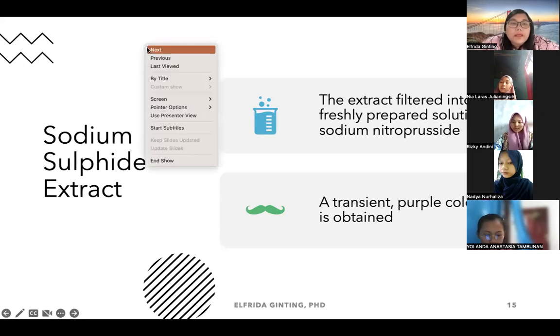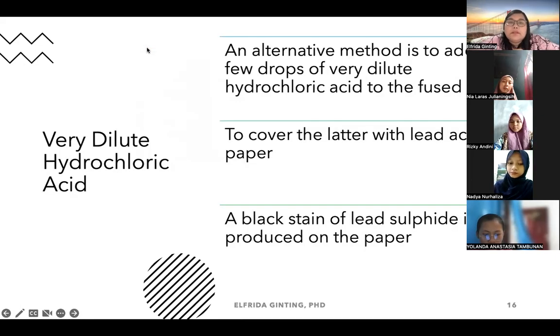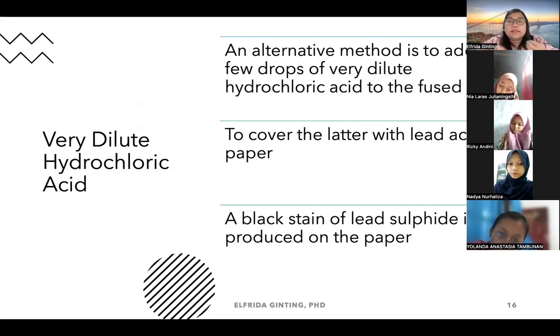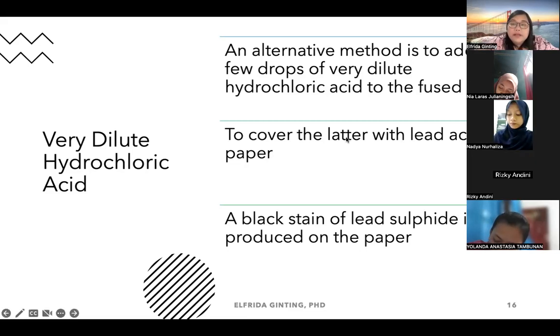Okay, now that's one way to identify sulfate. Another way is you mix the fusion mass with hydrochloric acid. You add it as a solid, that's why it is called fuse mass. Then you cover the container with lead acetate paper.